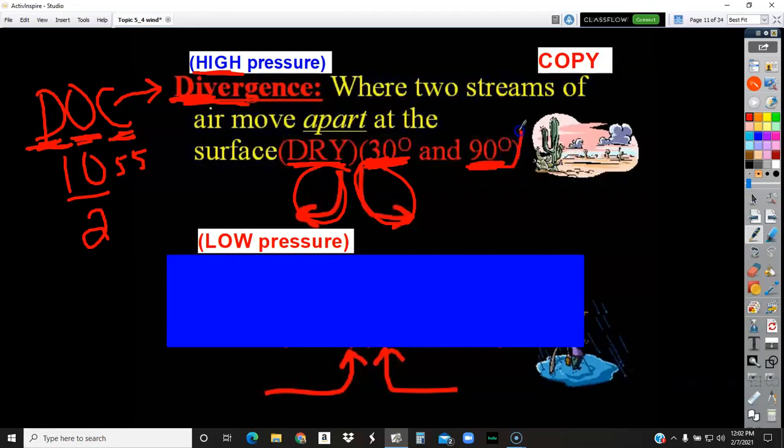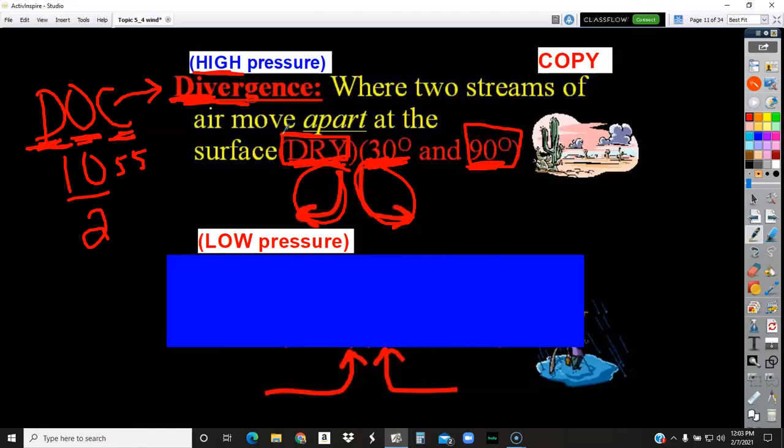Now 90 north and 90 south, you should know, are the poles. Which right away then kids will start thinking, like, what do you mean by that? That means the North Pole and the South Pole, because it's extremely cold, is also extremely dry. They do not receive a lot of precipitation at the poles because the air is so cold and so heavy, and it's always sinking.